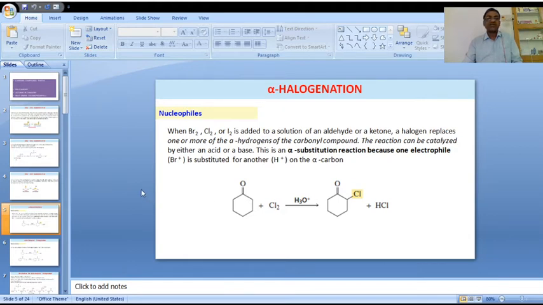Here Br plus is mentioned, but in the reaction it is a Cl plus electrophile substituted at the alpha place, that alpha hydrogen replaced by the Cl plus electrophile. We are getting the alpha substituted product. Okay.